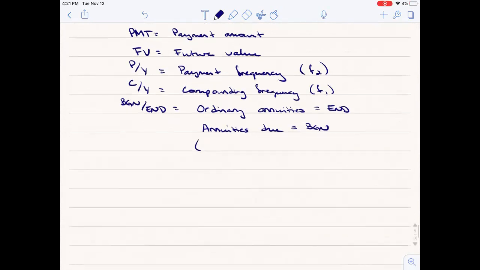In general, this is when our payments are made, at the beginning or at the end. For now, we're just at the end. In fact, unless it explicitly says payments are made at the beginning of each month, they're going to be at the end. The default is the end unless it explicitly says the beginning.